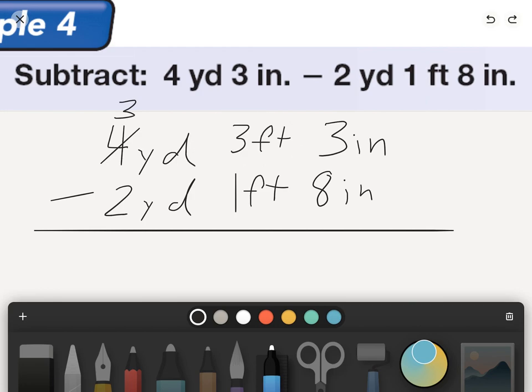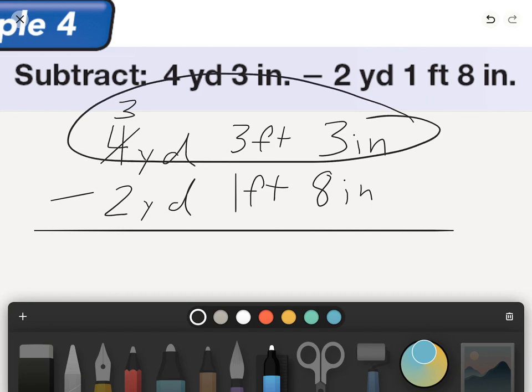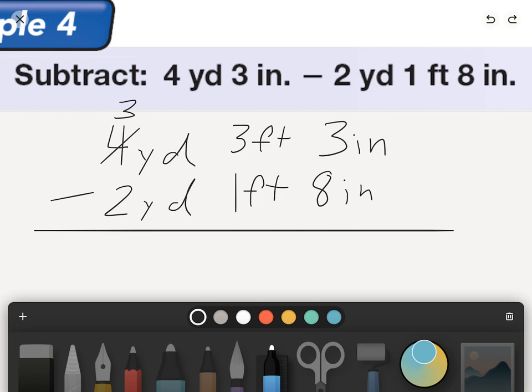And so I can't subtract 1 from 0 either, right? So that sends me over to my yards column. So I'm going to rearrange my units over the whole thing. It equals the same amount of distance, just I'm saying it a little bit differently. Instead of saying 4 yards 3 inches, I'm saying 3 yards plus 3 feet plus 3 inches, and now I've got an extra foot over here at least to give to my inches column.